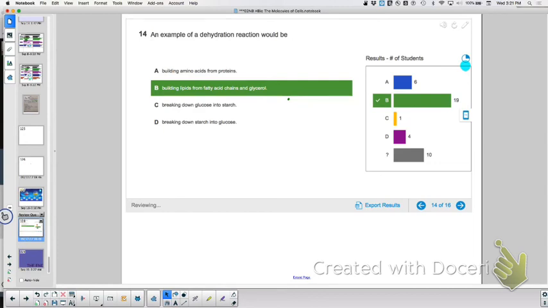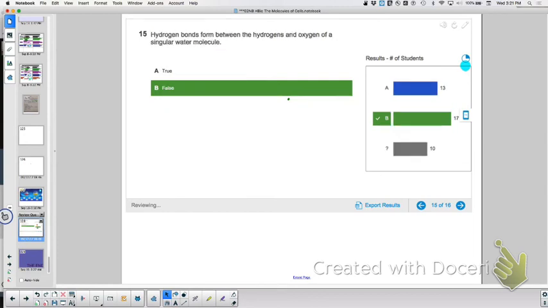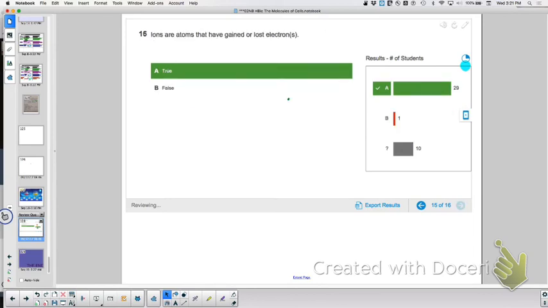Okay, because it's about a building reaction. Number 15, hydrogen bonds form between hydrogens and oxygen of a single water molecule. No. What's inside a single water molecule? Only polar covalent bonds. Perfect. And then number 16, yes. Ions are atoms that have gained or lost electrons. Good job. Way to do it.